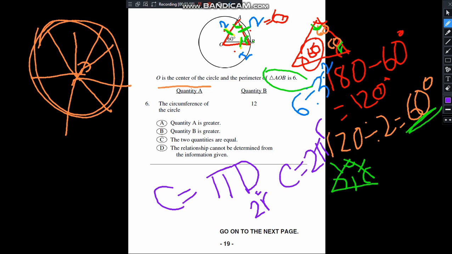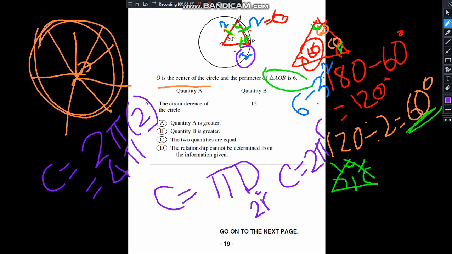Now, since we have the radius of the circle equals 2, C equals 2 times pi times 2, which equals 4 pi. And we're going to just take pi as 3.14 because we didn't really need to calculate that. So then that means that C is slightly greater than 12.